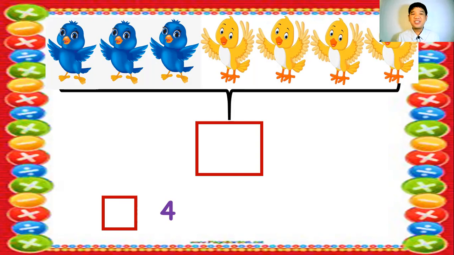At this time, let us count the number of the birds. So we have 1, 2, 3, 4, 5, 6, 7. So therefore, our answer is we have 7 birds altogether.